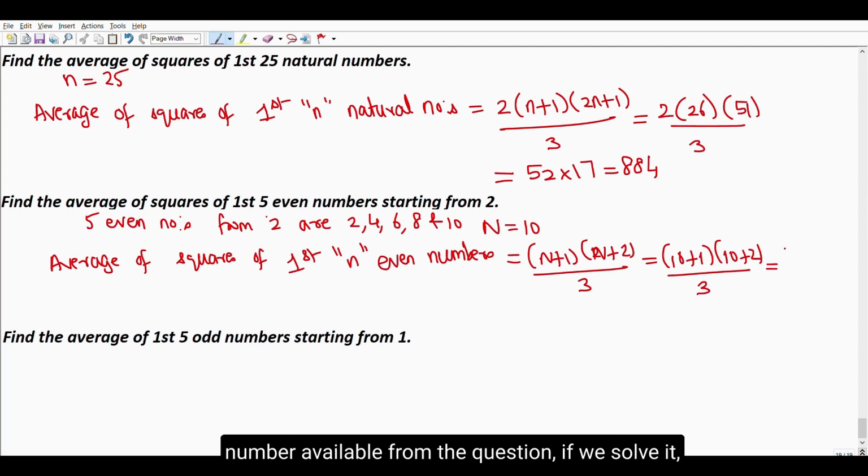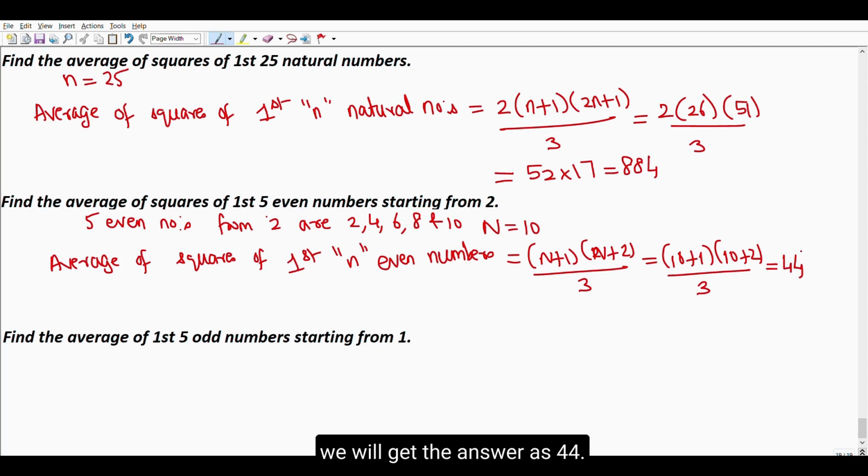If we solve it, we will get the answer as 44. Therefore, the average of the squares of first 5 even numbers starting from 2 is equivalent to 44.